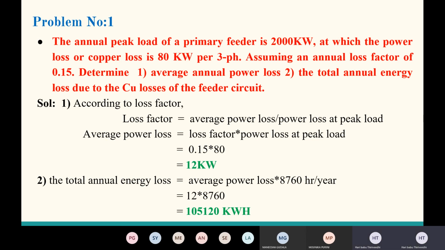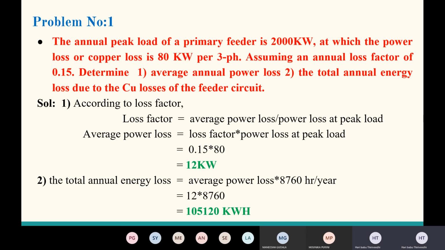So P1 900 tan 31.79 plus P2 1000 into tan 25.84 plus P3 2100 tan 18.2 plus P4 2000 tan 25.84, divided by 1.25.